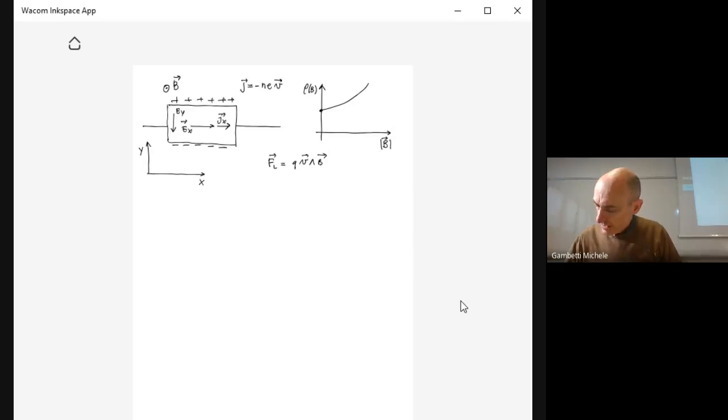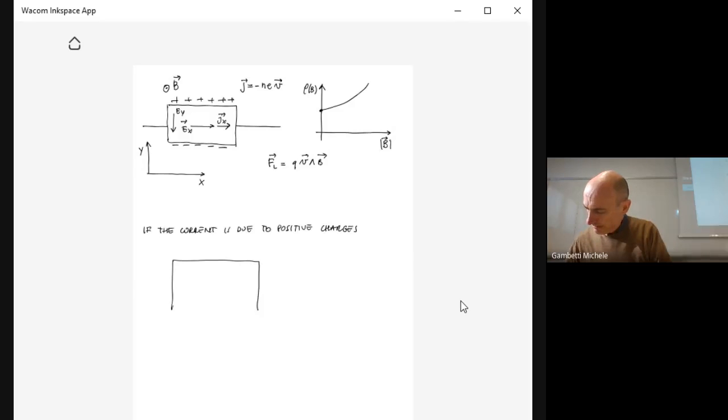So what happens if the current is due to positive charges? Same diagram, always an electric field that is horizontal, Ex.